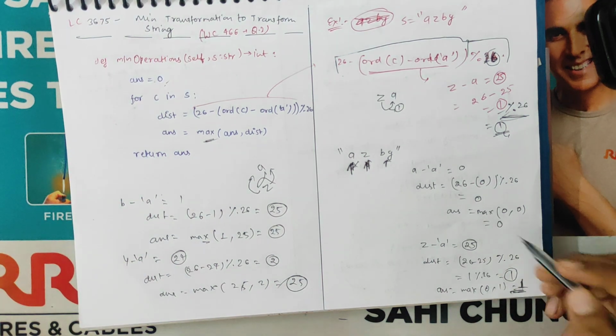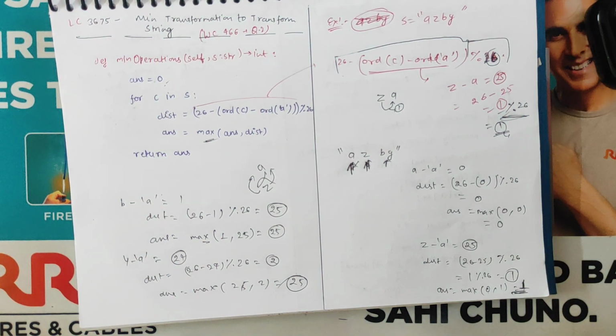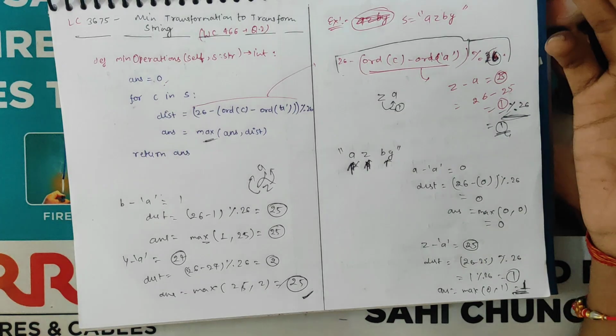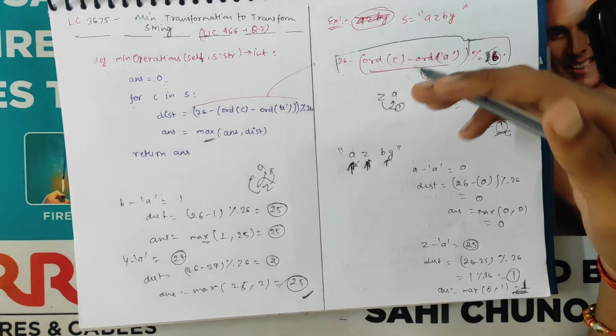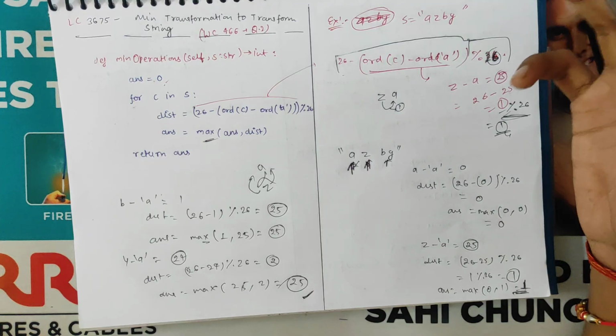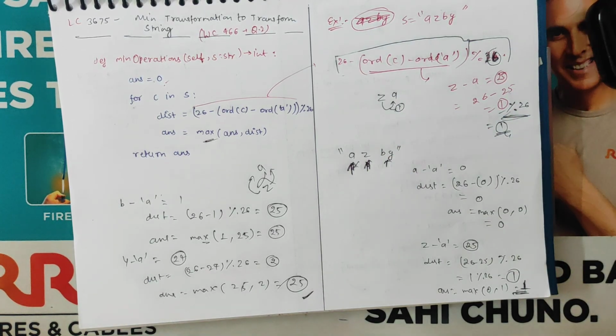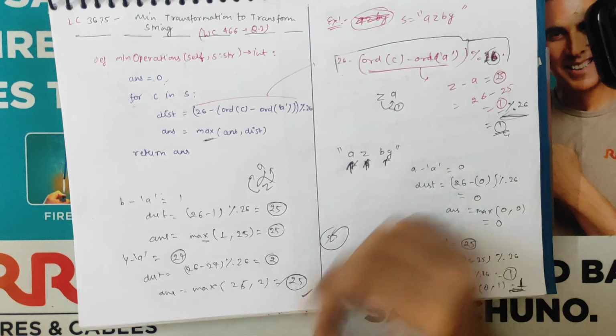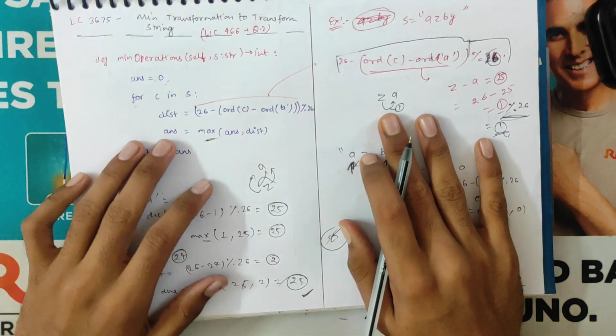In some cases the answer is 0, in some cases it is 2, but we have to return the maximum value because we have to convert every single character into a. So to convert every single character we have to iterate over the whole string. That's why our answer is 25 in this case. So that's all. Thank you so much for watching.